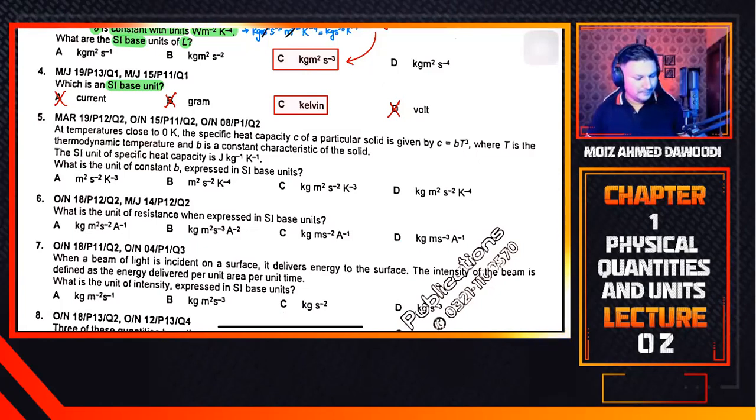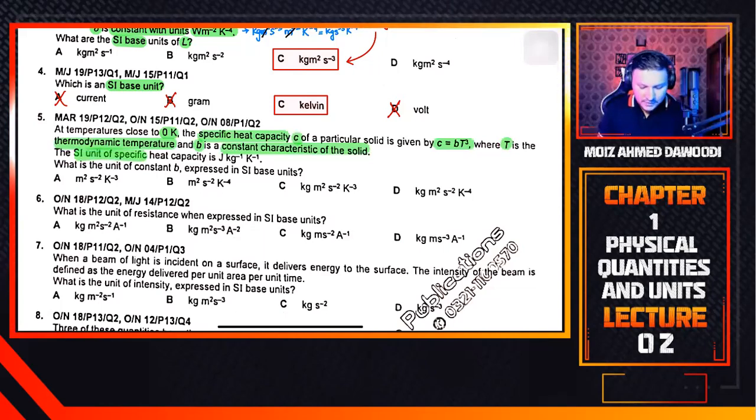Okay. So now we talk about at temperature close to 0 Kelvin, the specific heat capacity C of a particular solid is given by this, where T is the thermodynamic temperature, which is measured in Kelvin, and B is the constant characteristic of the solid.